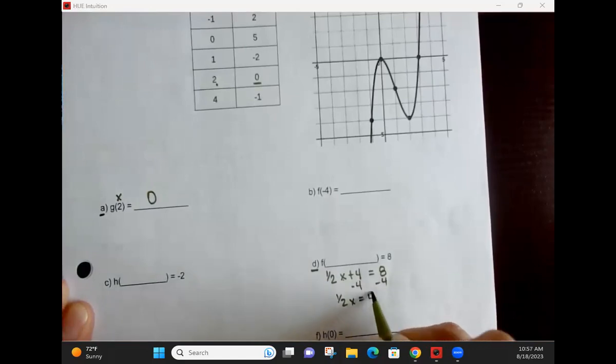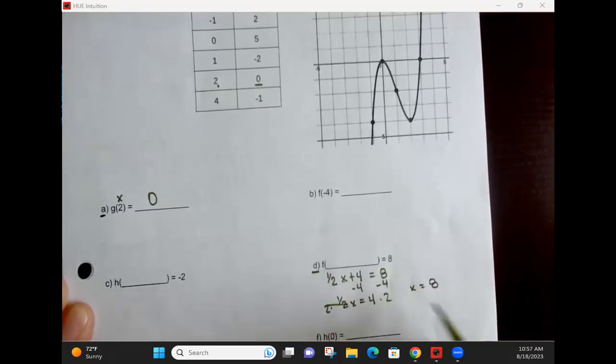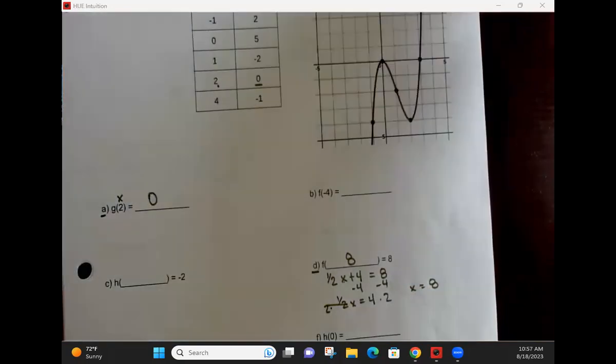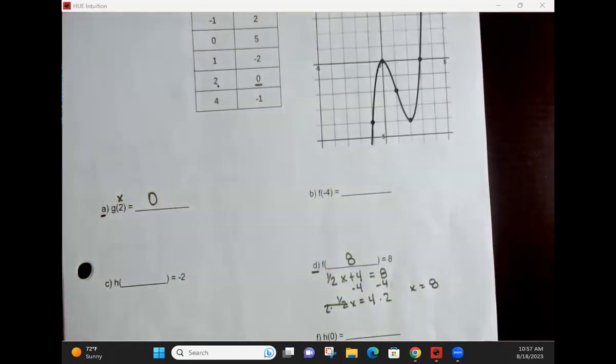So I get 1/2 x equals 4. Multiply by 2 on both sides, get rid of the 1/2, and our input there was 8. I would like you now to try the rest of example 3.